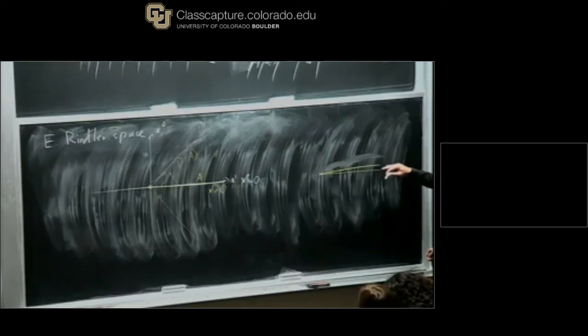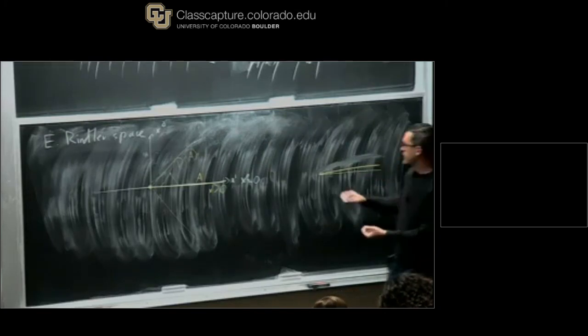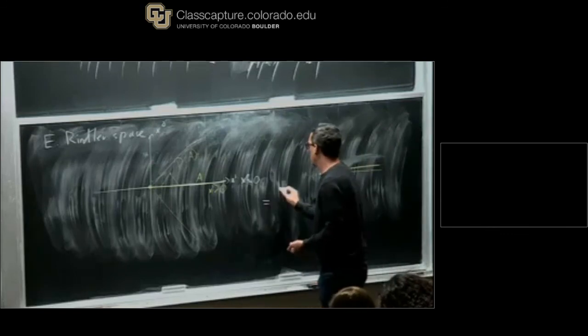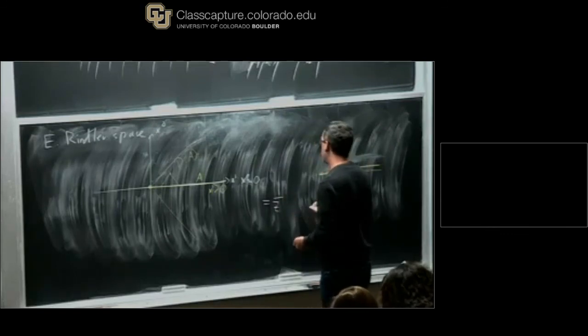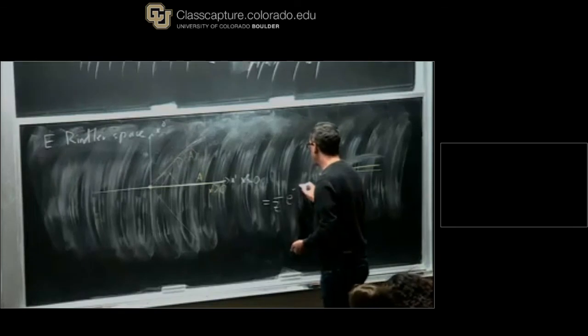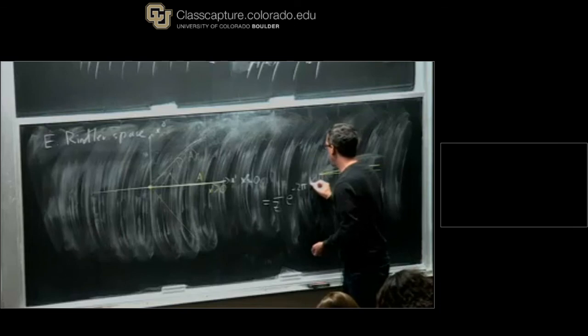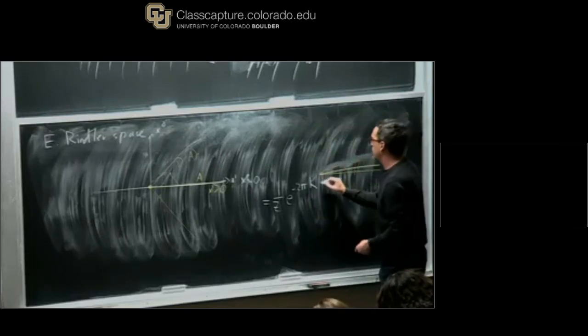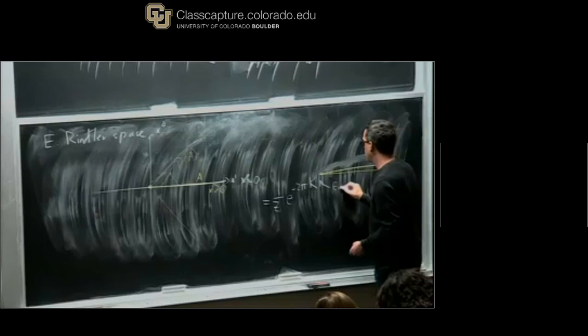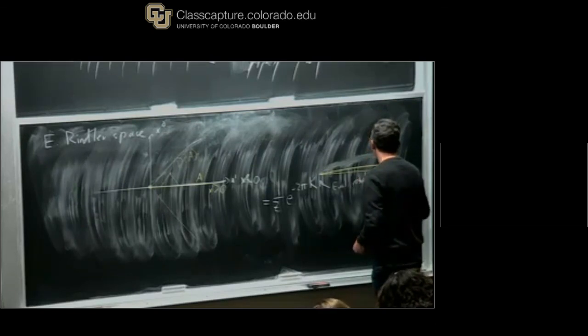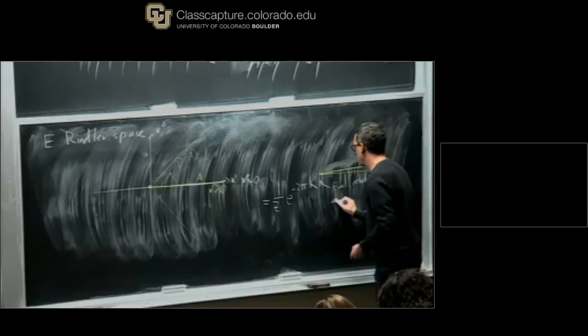And now, what you can see is that there's another way to write this. So this thing is equal to 1 over Z times e to the minus 2 pi times K, where K is the Euclidean rotation generator about the entangling surface.